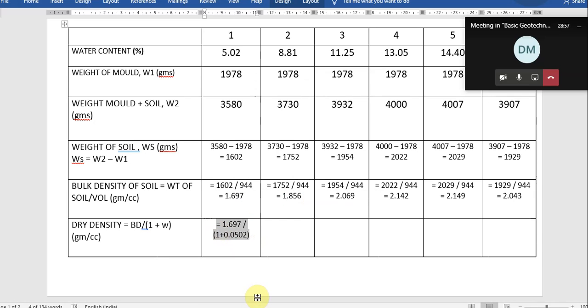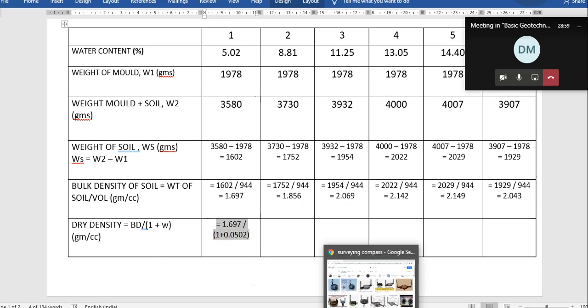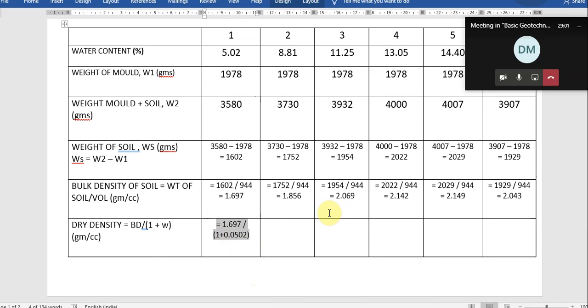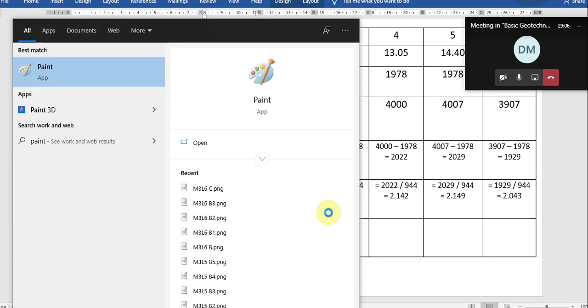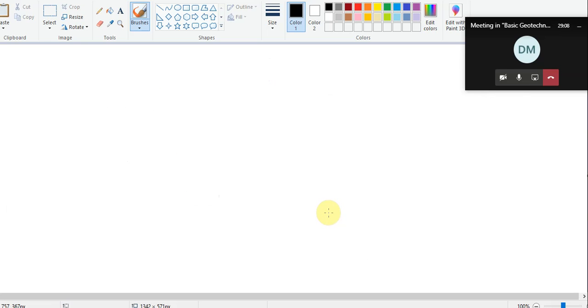If you don't understand this, this is how we have used this formula.